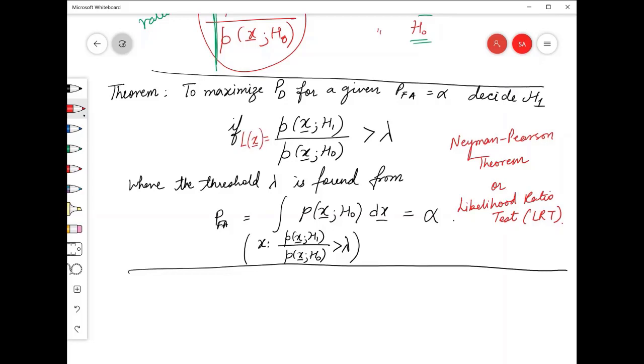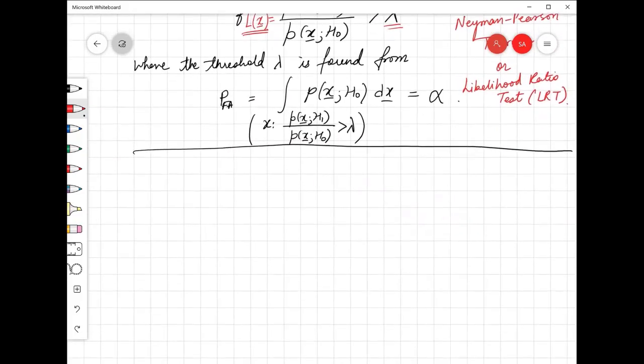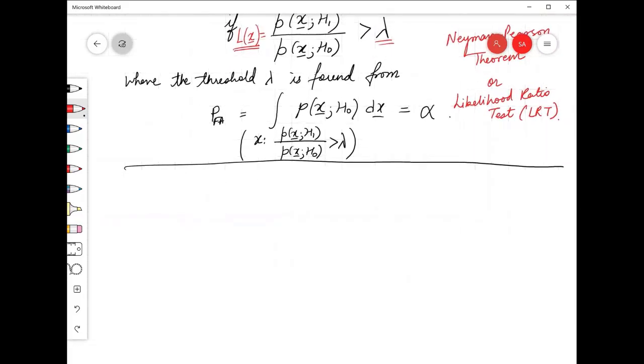If the likelihood ratio is greater than some threshold lambda, then I decide h1. If it is less than lambda, then I decide h0. Let me take a very simple example to show how we figure out the threshold value lambda.